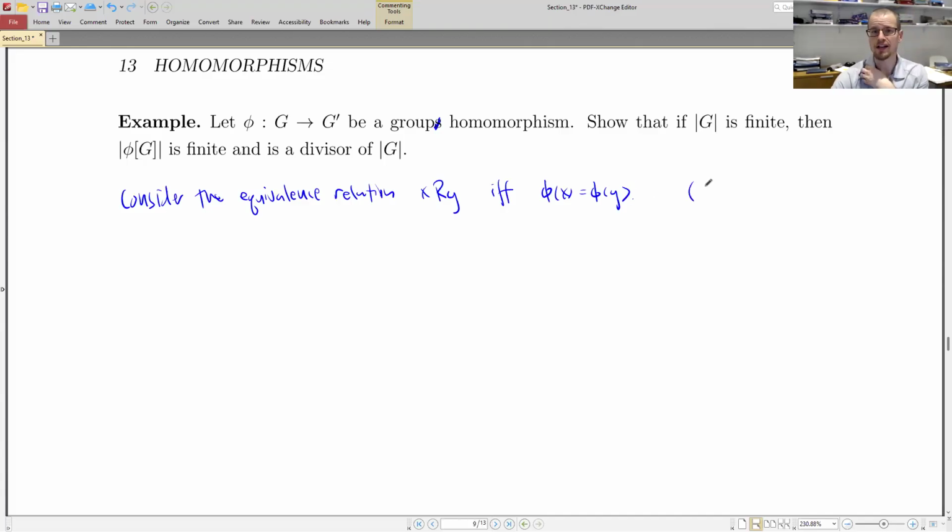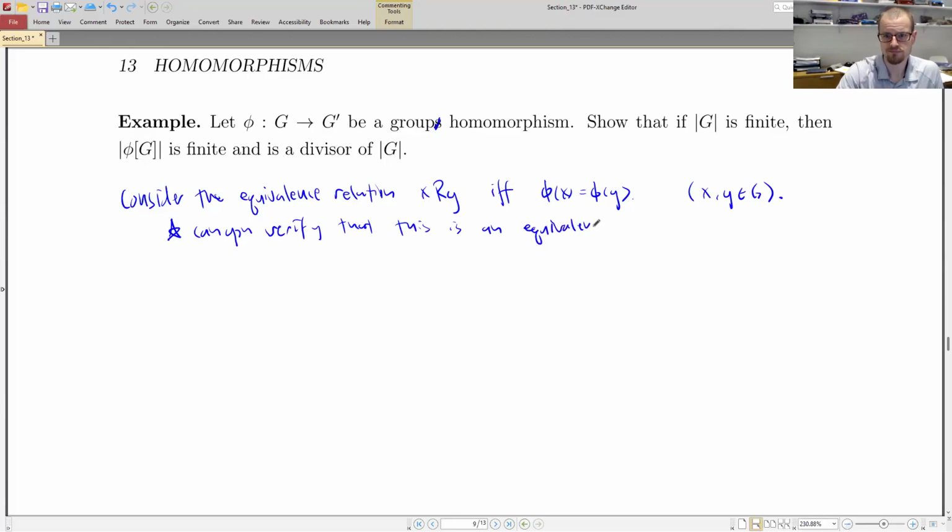So these are elements in G. So this is an equivalence relation on G. You should verify that this is an equivalence relation. I'm not going to work through all the details now, just to save us a little bit of time.